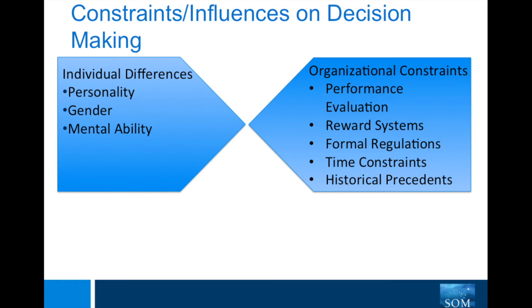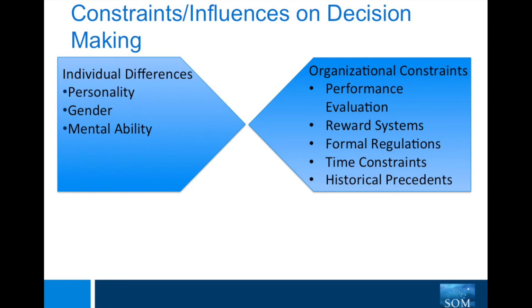There are a number of constraints and influences on decision-making that also make applying the rational decision-making model impractical. This includes just individual differences, our personalities, our gender, our mental ability influences how we make decisions, as well as organizational constraints. The way you are evaluated or rewarded in a job might influence the decisions you make.